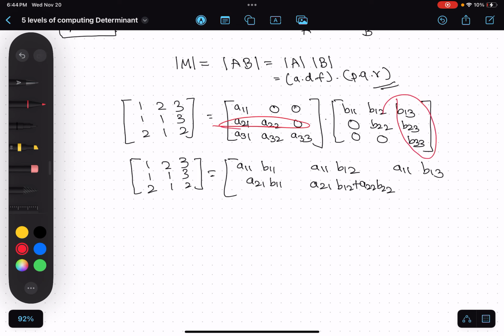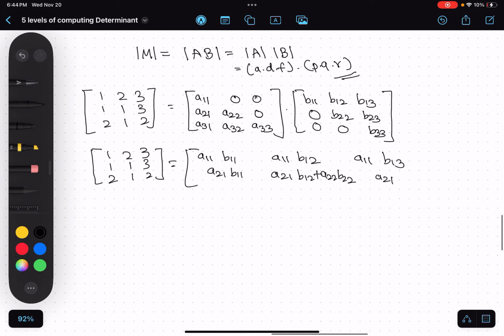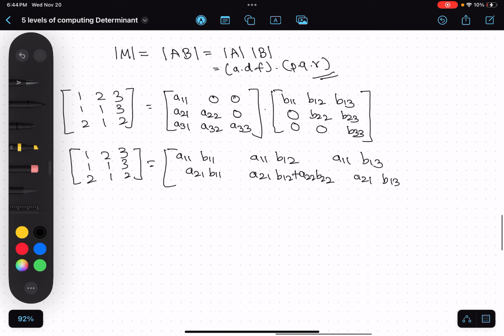Second row with third column, A21 B13 plus A22 B23. Now third row with first column, A31 B11.